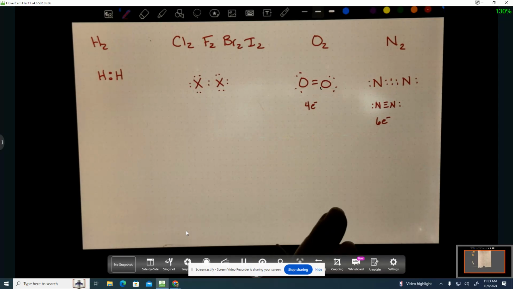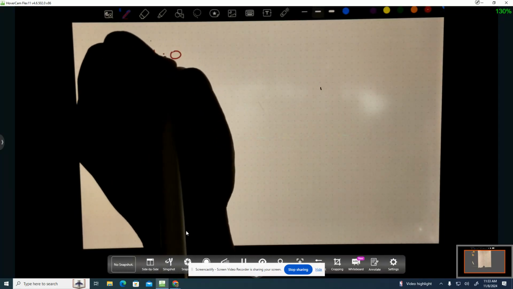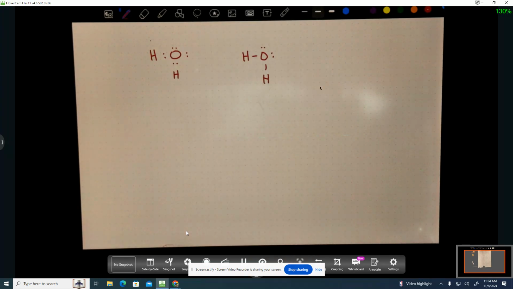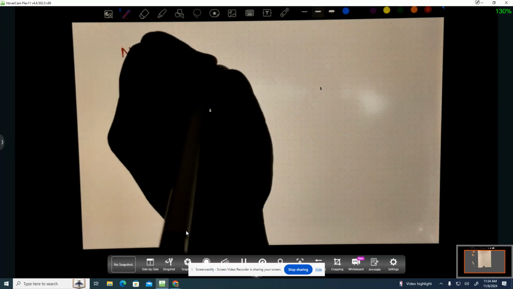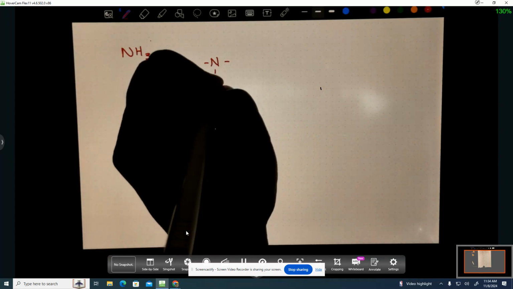Did we draw water? Yeah. Okay. So water looked like this, where you had H and O and H, and we had the dots up here. Okay. Did we draw ammonia? Okay, so we got ammonia. Looks like this.